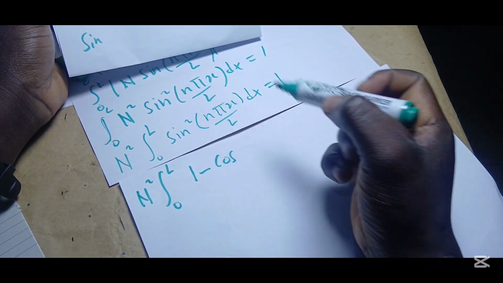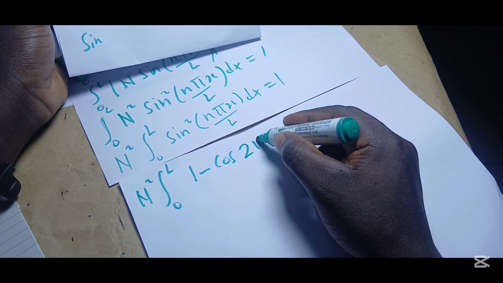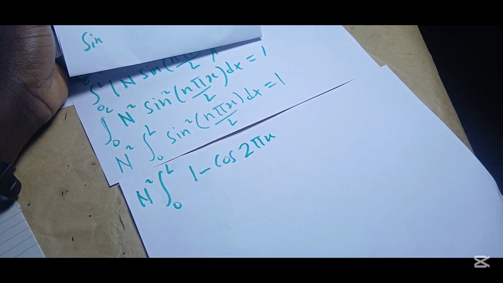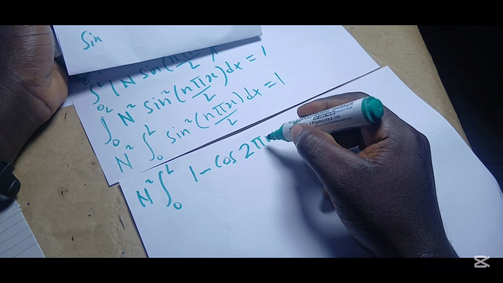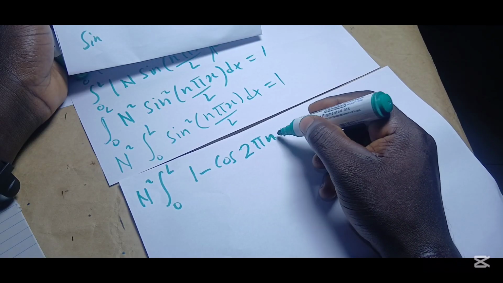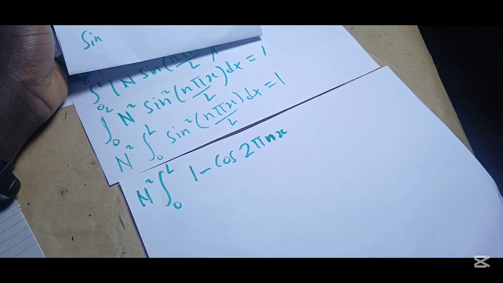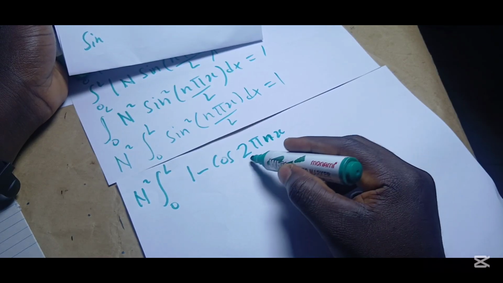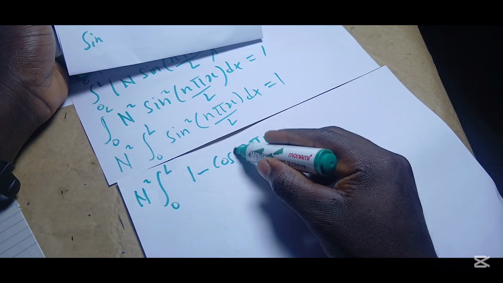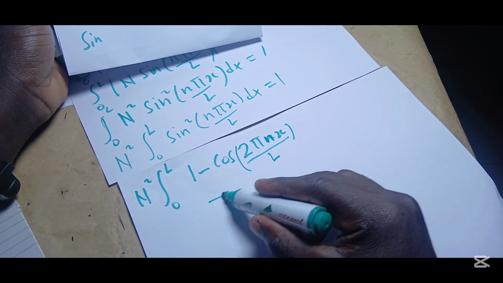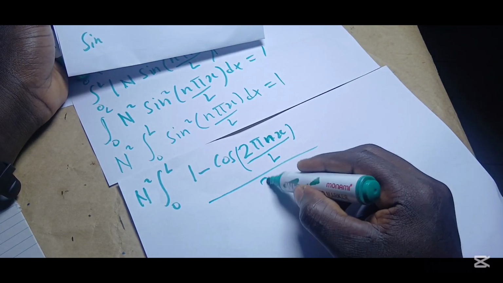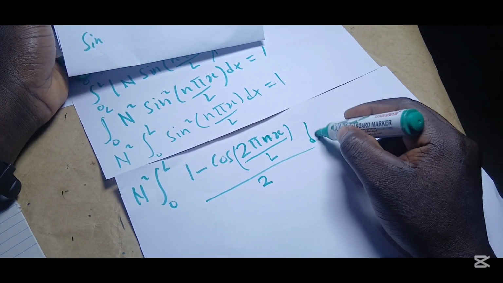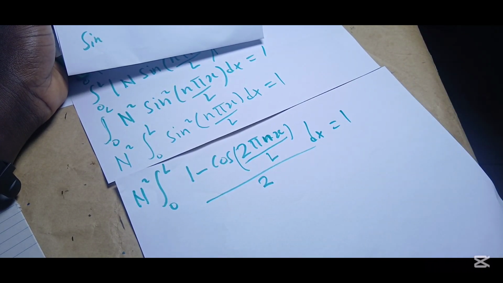So we multiply it by 2, so 2 n pi x, all over L, all divided by 2, dx should be equal to 1.